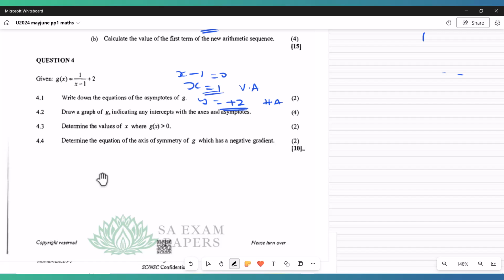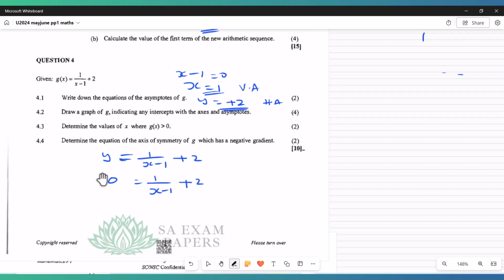Then they say draw a graph of g indicating any intercepts with the axes and the asymptotes. Because I have the asymptotes, let me find the intercepts now. I have y equals 1 over (x minus 1) plus 2. For my x-intercept, y is 0, so 0 equals 1 over (x minus 1) plus 2.